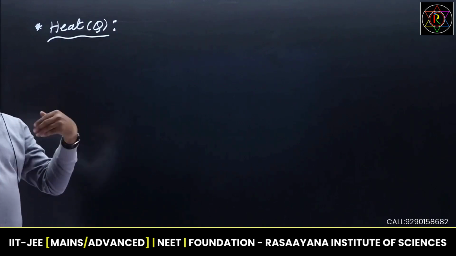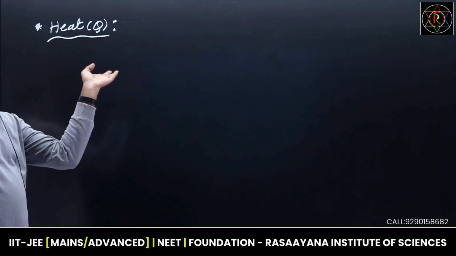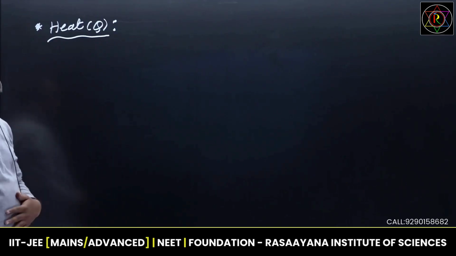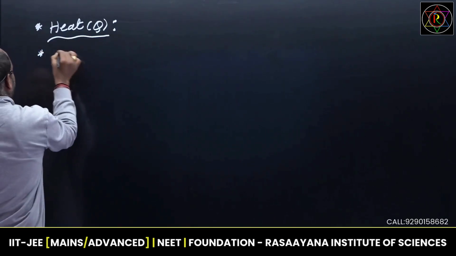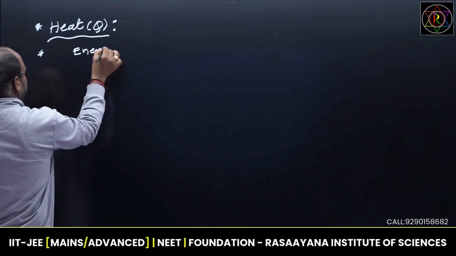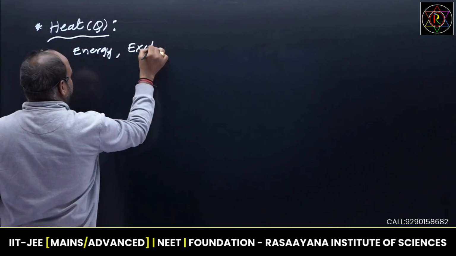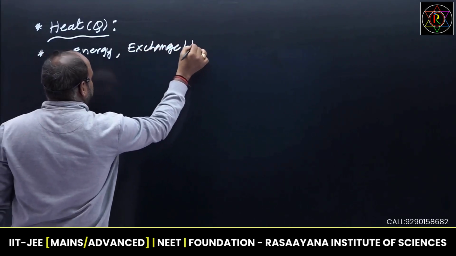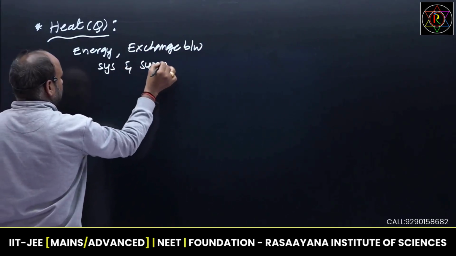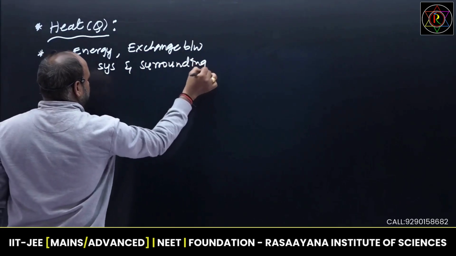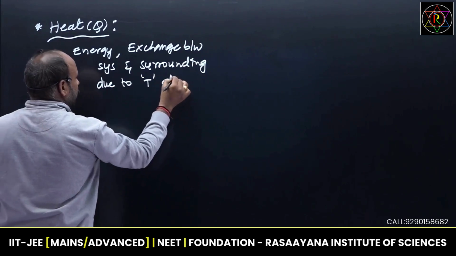As we know about the system, surroundings and boundary surface, what will be the exchange of heat energy between the system and surroundings, and how will heat be defined? It is a form of energy exchanged between system and surroundings due to temperature difference.